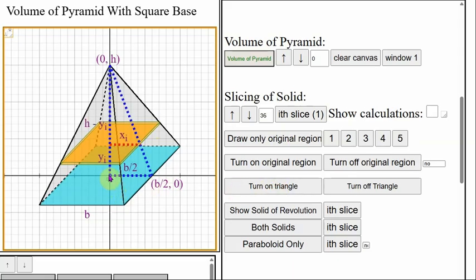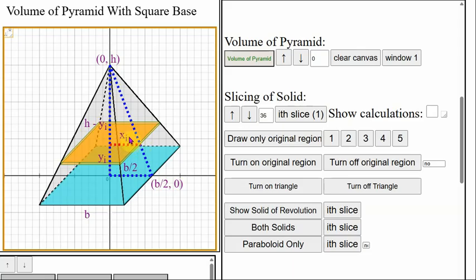The distance from the x-axis up to the slice, let's call it y sub i. Therefore the distance from the top to y sub i is h minus y sub i. Let's call the distance from here to the surface of the pyramid x sub i.